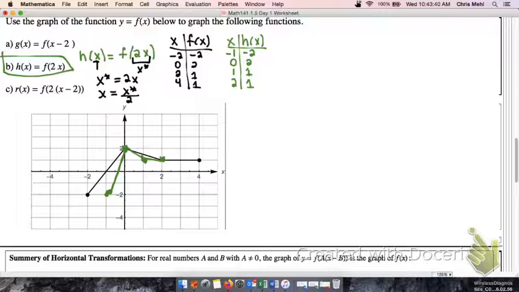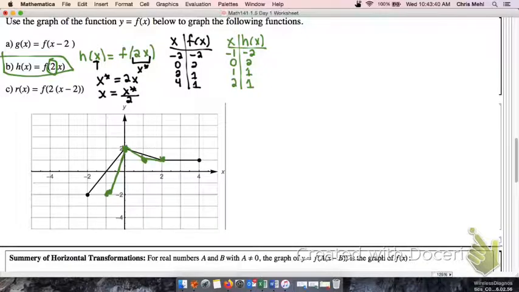Okay. So interestingly, if you look back at part B, when you're doing this on the inside of the parentheses, when you're actually multiplying by 2, you're actually multiplying all the x coordinates by the reciprocal, 1/2, and that causes a compression.